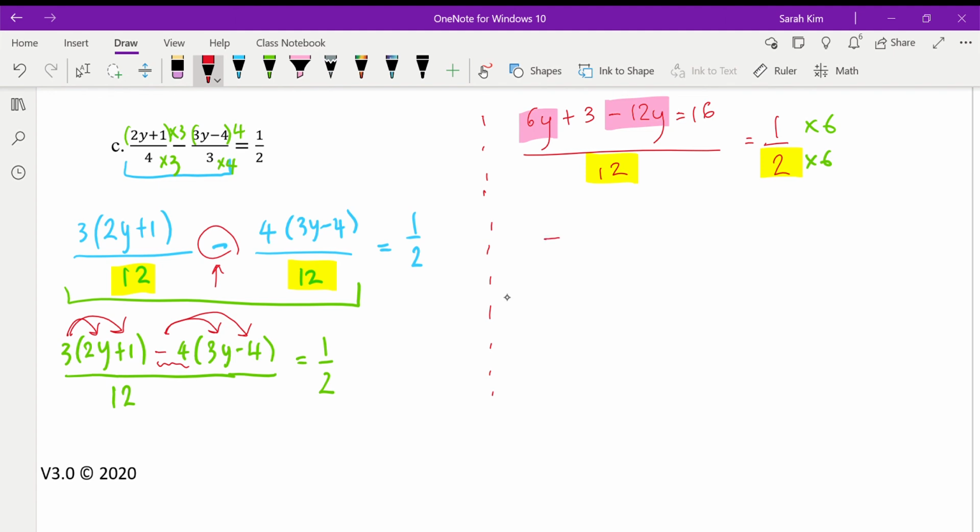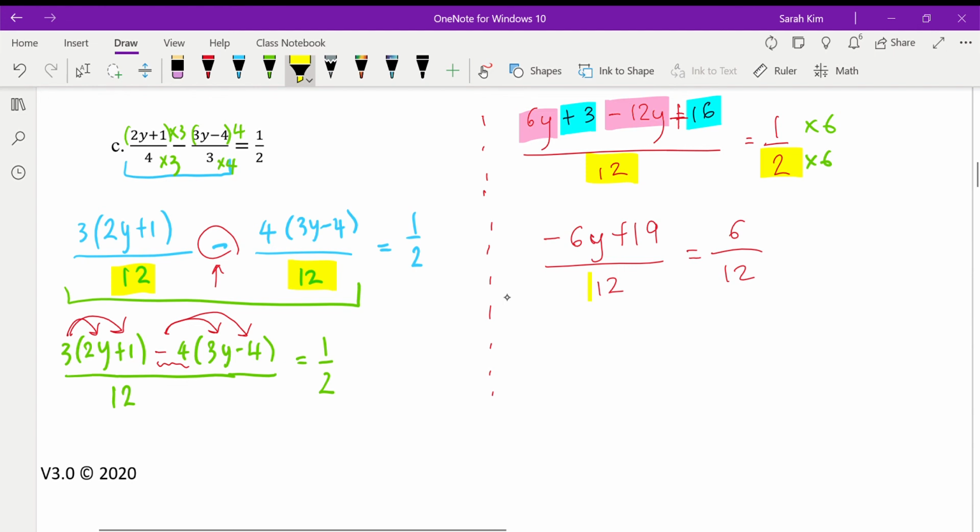So you got -6 apples. I can add the numbers together. 3 plus, what happened here? Oh, that should be a plus. Plus 16, so that's plus 19, divided by 12, and 1 times 6 is 6, 2 times 6 is 12.